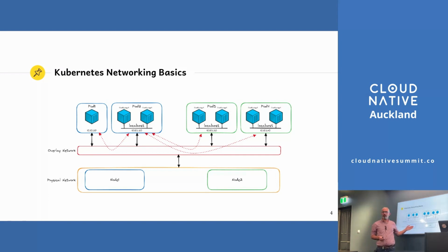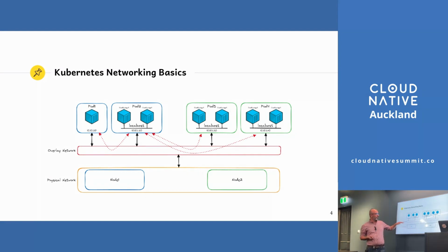This could be on the cloud, or on premises. It doesn't matter. Physical networking is outside the care of a Kubernetes network or a CNI specification. This is taken care of by whoever is building that network. Okay? Whether it's Microsoft, Amazon, Google, or on premises, whoever is providing the underlying network takes care of this.